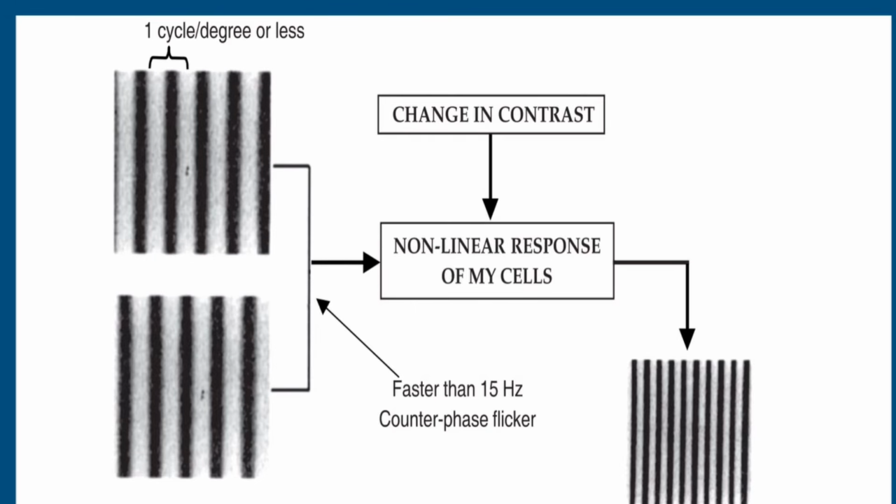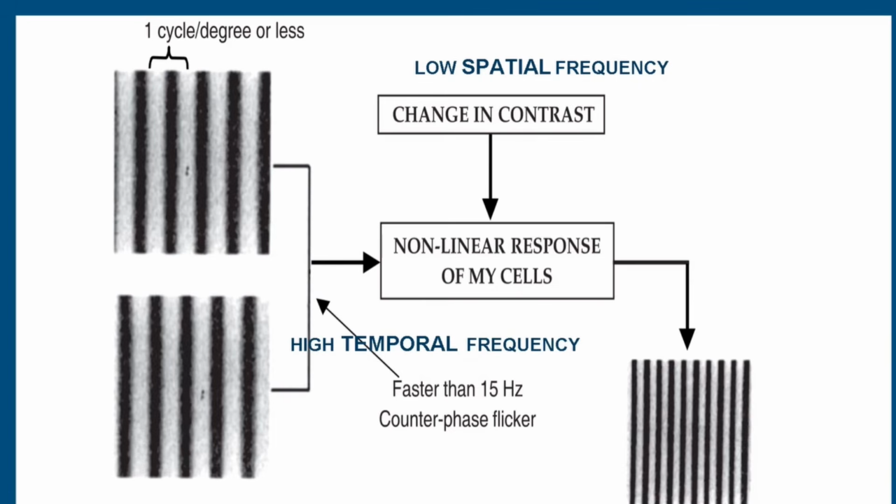In frequency doubling technology, we are testing a special type of magnocellular cells. Here, alternate light and dark bands, that is, low spatial frequency, are presented to the patient at really high temporal frequency rates, and this leads to the patient seeing twice the number of dark and light bands than what is present.